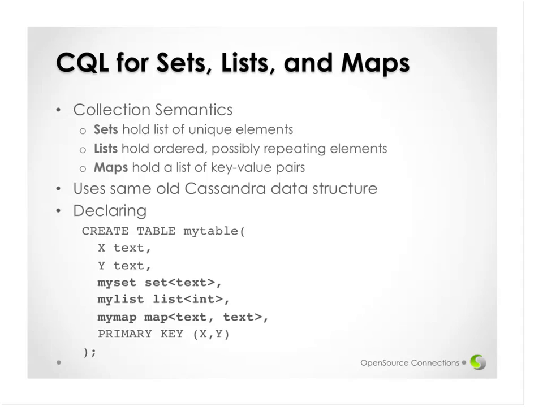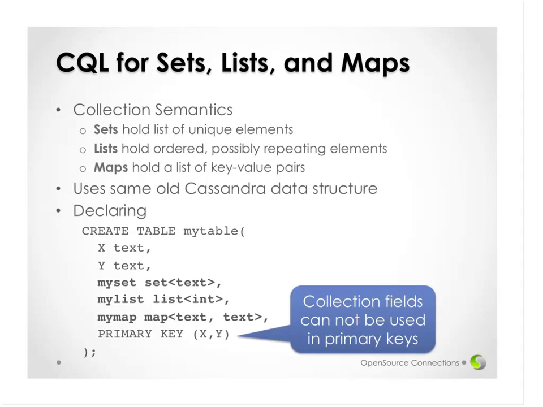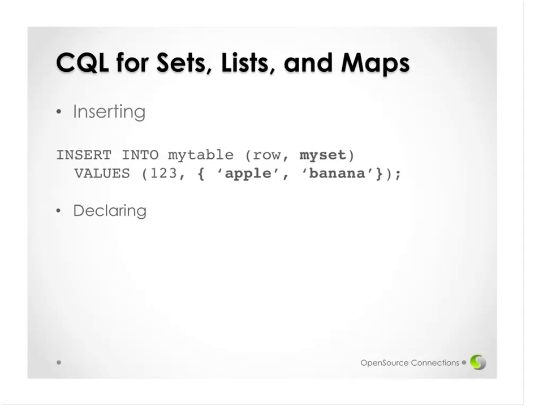So declaring a table with sets, lists, and maps is pretty simple. Basically, you use this templated syntax here at the bottom to define sets, lists, and maps with whatever data type you would want. It's important to know that the primary key cannot contain any element from a set, list, or map, and intuitively that should probably make sense, right?